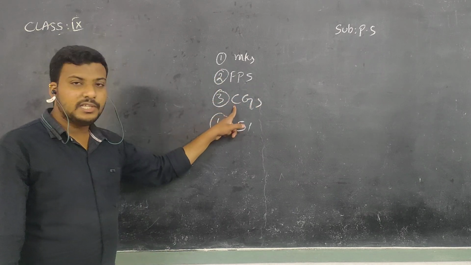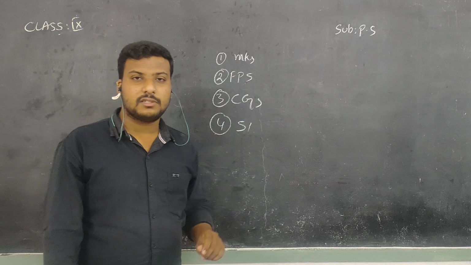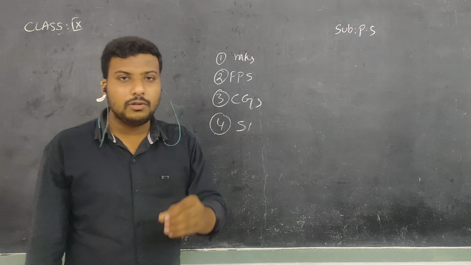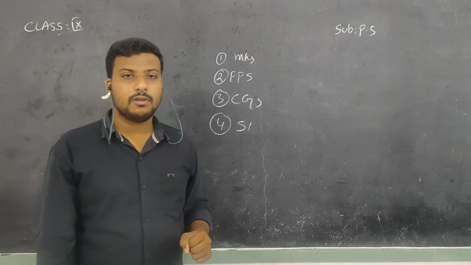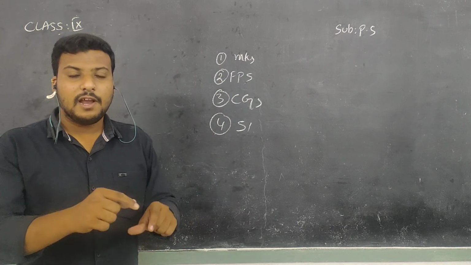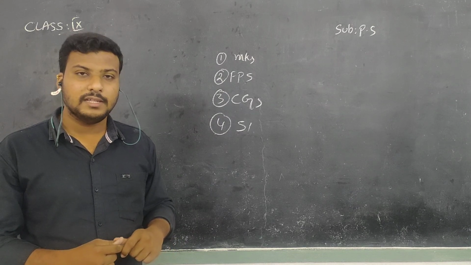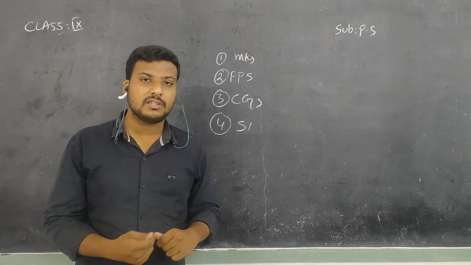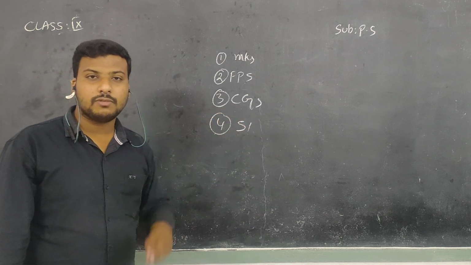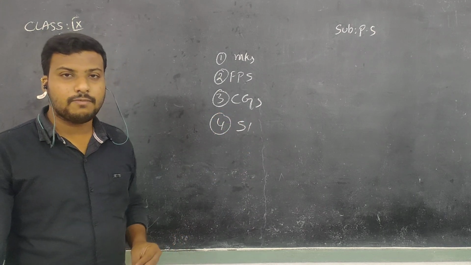Next, C stands for centimeters. Length is measured in centimeters. If you want to draw a diagram in mathematics, you take the scale and represent lengths like 4 centimeters, 3 centimeters. G stands for grams, like 50 grams of sugar, 100 grams of tea powder.